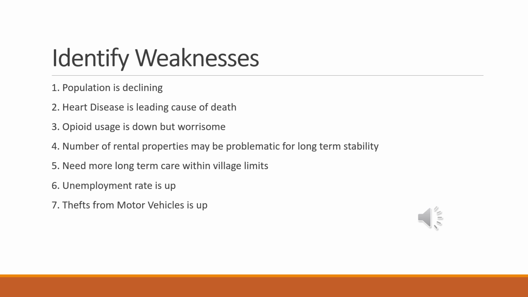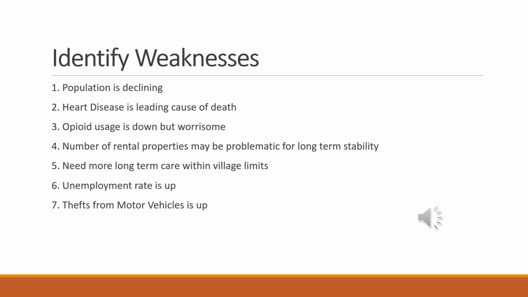So what you would want to do is create 3 community diagnoses with the 3 priority problems that we can address. So I think from this list, I would probably choose heart disease because it's kind of within the wheelhouse of nursing, and also opioid usage, which is down but still worrisome, and possibly even looking at thefts from motor vehicles to see if education could be done.